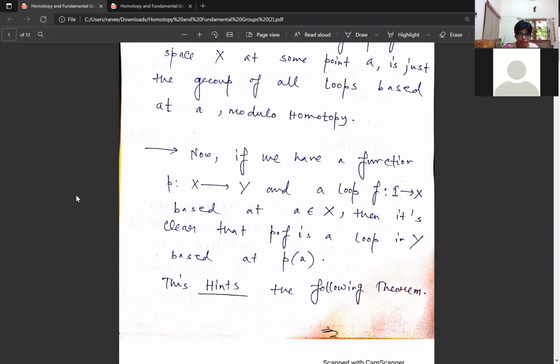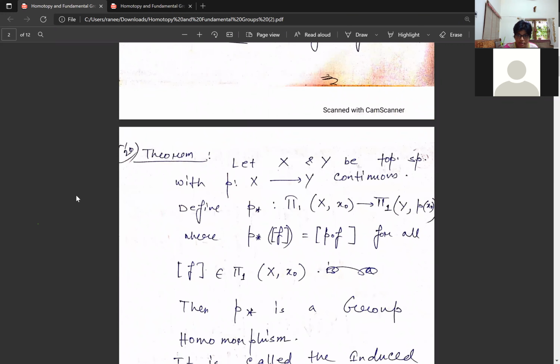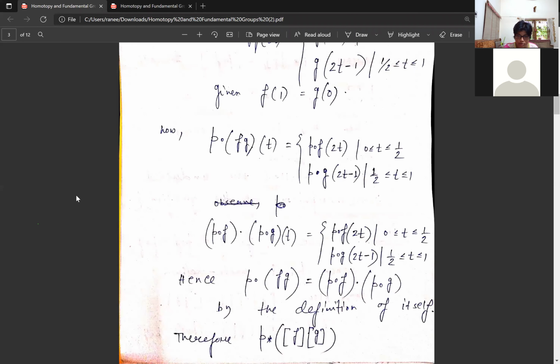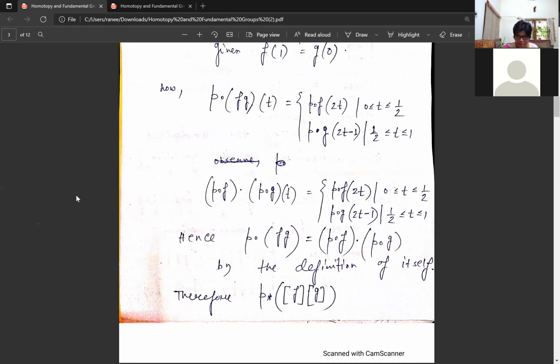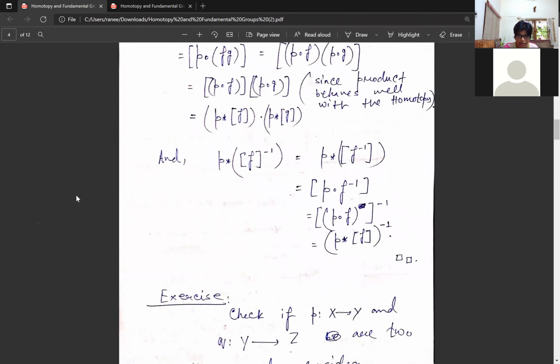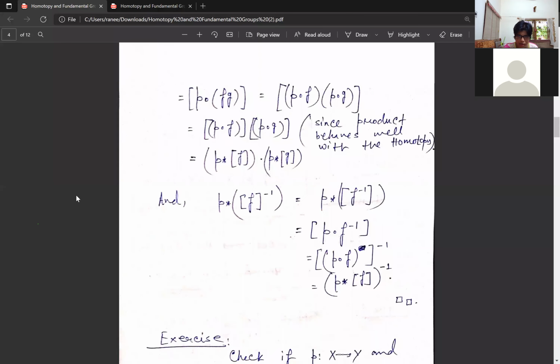There are some facts which I have proved, but should I proceed? Maybe it will take half an hour or so to complete all this, because these things are not that difficult. But what do you think, what should I do?